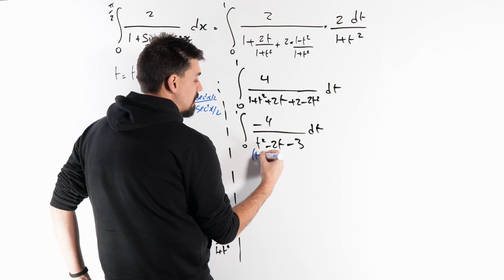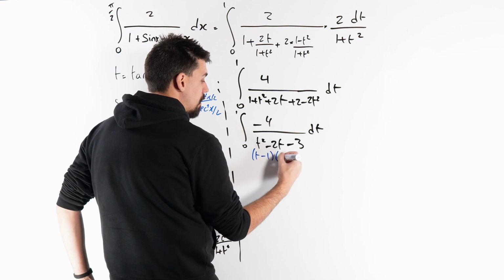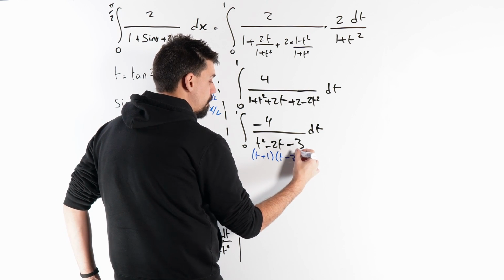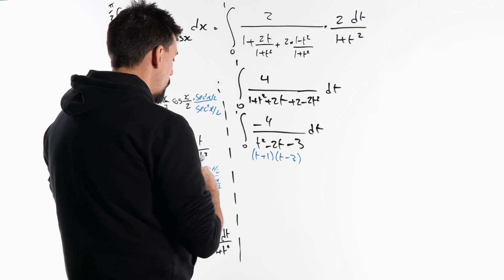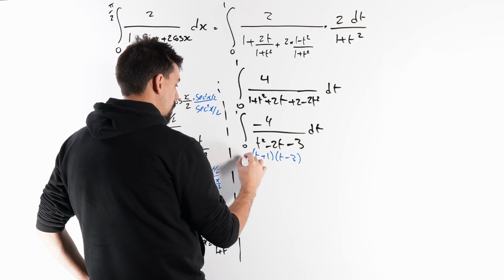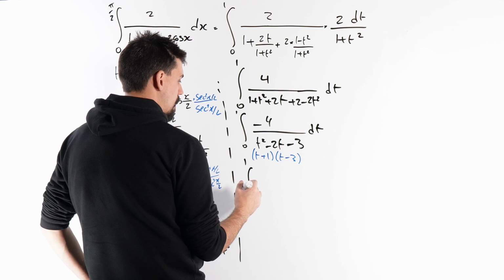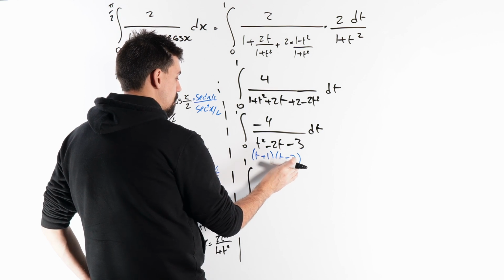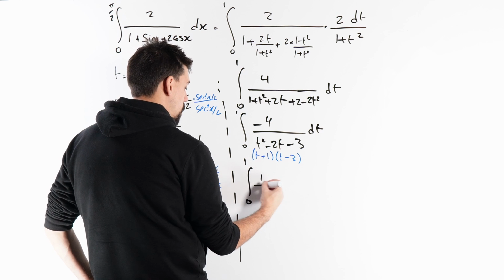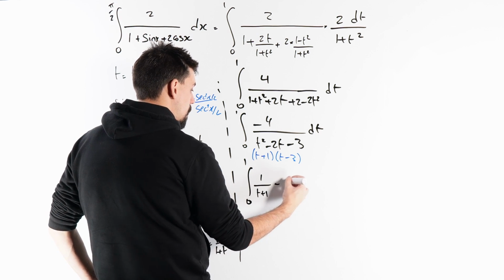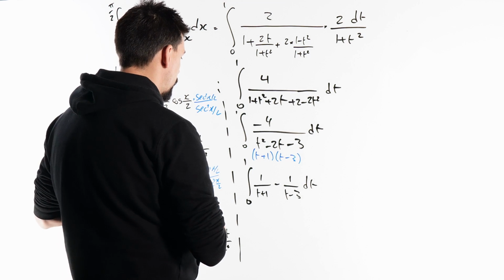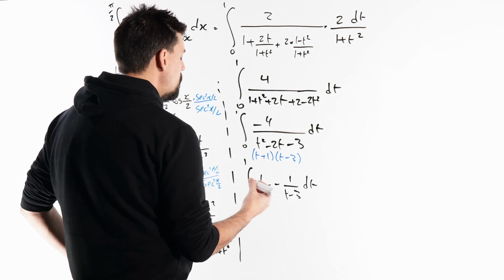Because that is t minus 1, t plus 1, t minus 3. So we can do some partial fractions on this. Let's find out what happens when t is 3. That's a minus 1. T is minus 1. So I think it's 1 over t plus 1 minus 1 over t minus 3. There we go.